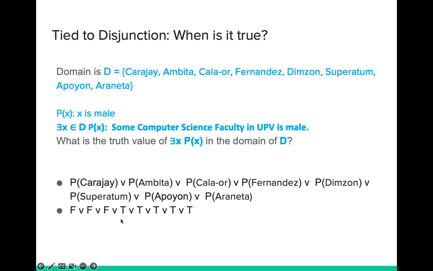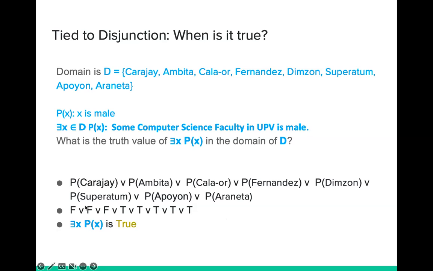However, aside from Ma'am Alni, me, and Ma'am Christy, the rest are male, which means these predicates P(x) will result in true for the values Fernandez, Tinzon, Superatum, Apoyon, and Araneta.